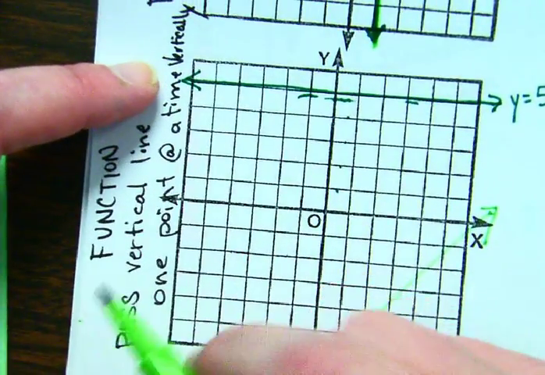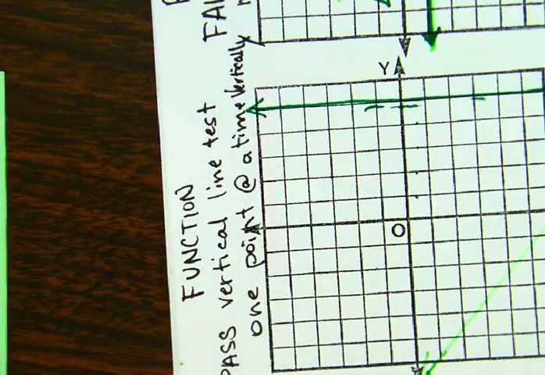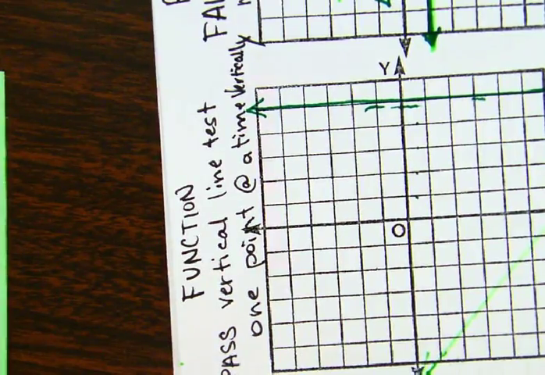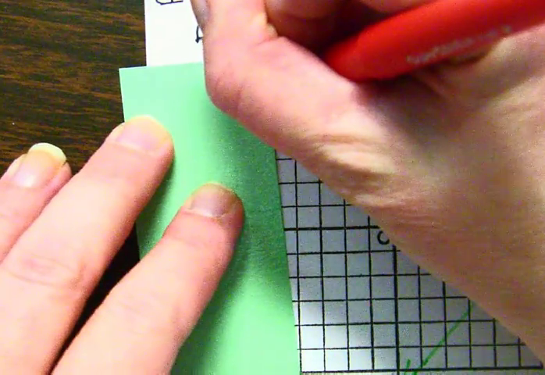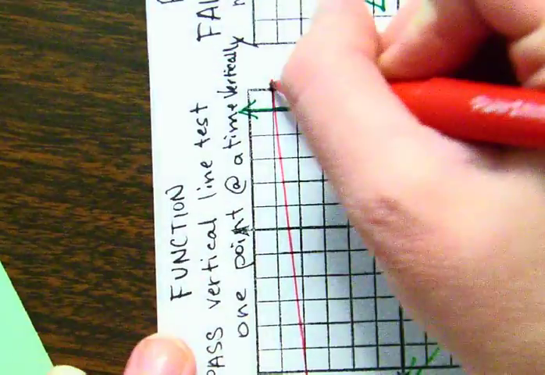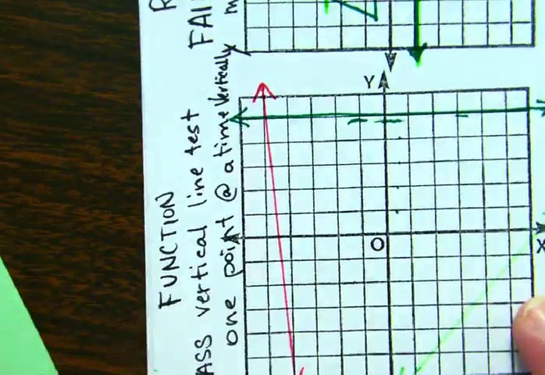It's a function. What if I had a super steep negative line? I went from here to there. Super steep negative line.